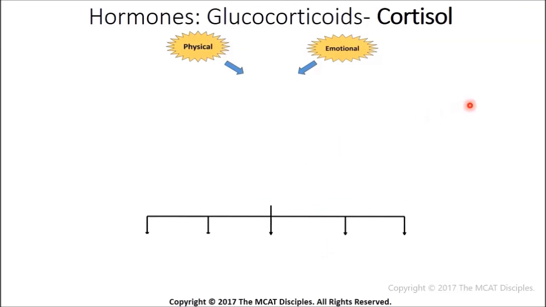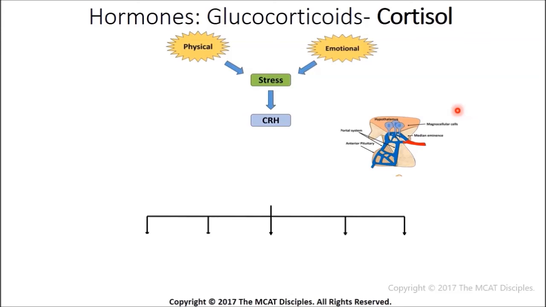I also mentioned last time the hormone cortisol. Physical or emotional stress will cause the release of CRH from the hypothalamus, which will go into the median eminence through the portal circulation into the anterior pituitary and bind to the cells there, causing the release of adrenocorticotropic hormone, which then calls for the release of cortisol from the adrenal cortex. It's a steroid hormone. It's a glucocorticoid, first clue.